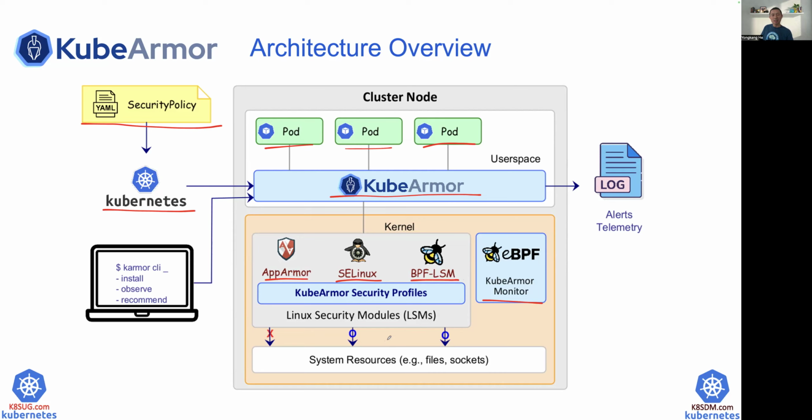By doing this, it will be applied to the system to only allow certain activities. Could be you only want to allow certain files to be accessed, only certain network ports, or maybe certain processes. KubeArmor also provides a command line tool if you want to try.